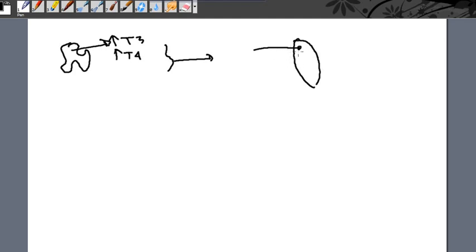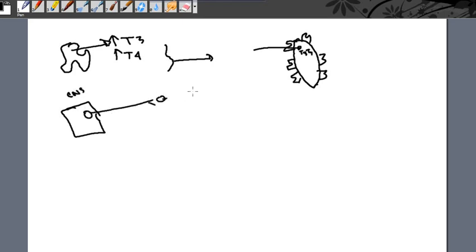When T3 and T4 go inside the ventricular muscle, they lead to excessive expression of beta 1 receptor on the ventricular muscle. The ventricular muscle is super saturated with beta 1 receptor. This is the central nervous system, the preganglionic neuron, and the postganglionic neuron, and the postganglionic neuron releases epinephrine and norepinephrine, which will stimulate the beta 1 receptor on the ventricular muscle.